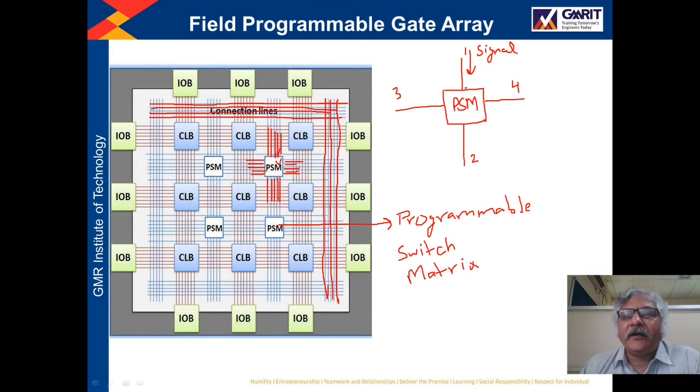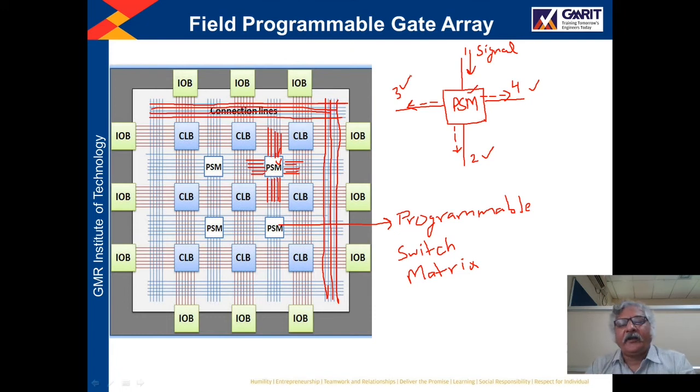Once the signal reaches this PSM, we have an option to move this signal either towards wire number 4, or towards wire number 3, or towards wire number 2, right? That means we can route our signal coming from wire number 1 towards wire number 4, wire number 2, or wire number 3.